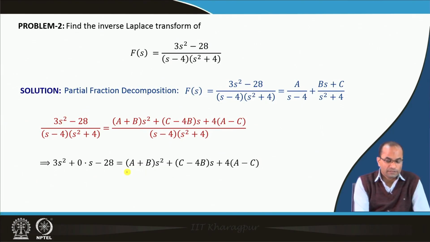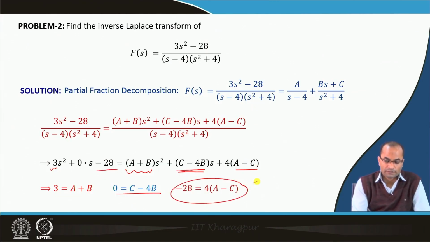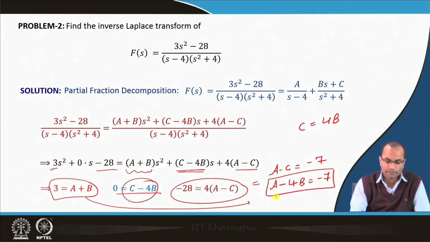By comparing this we realize that A + B = 3, C − 4B = 0, and A − C = −28/4, that is, A − C = −7. Then we have C = 4B, so we can substitute: A − 4B = −7. This is one equation in A and B, and the other equation is A + B = 3.